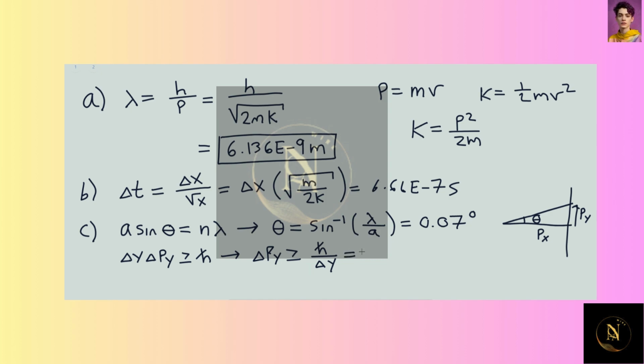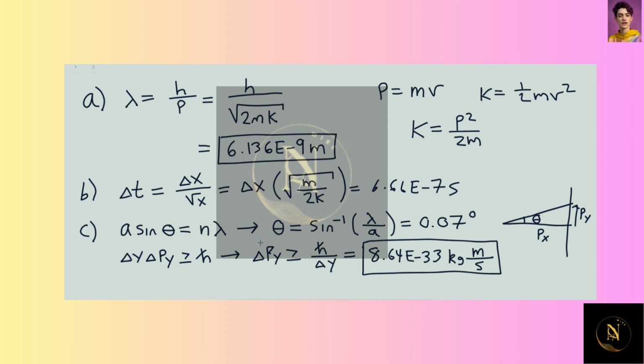And we can figure all this out. This comes out to be 8.64 times 10 to the negative 33 kilogram meters per second. And that's all we're asked to solve.